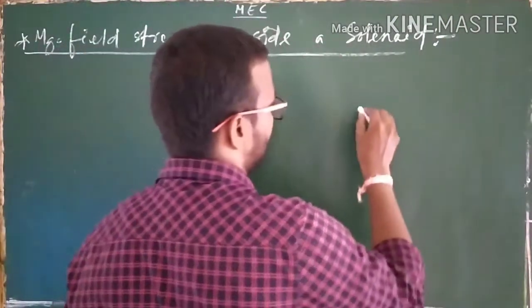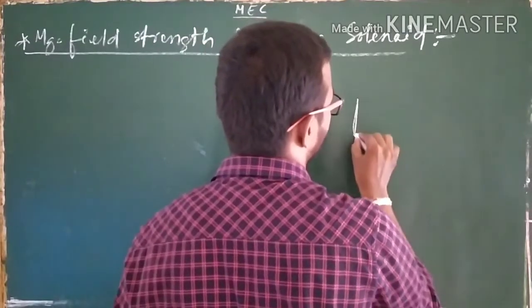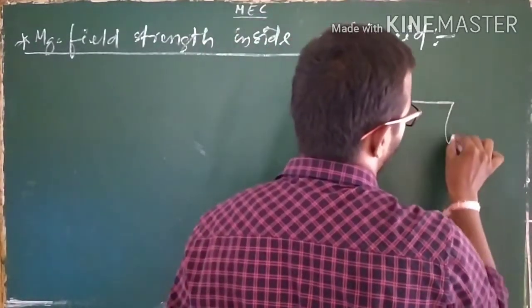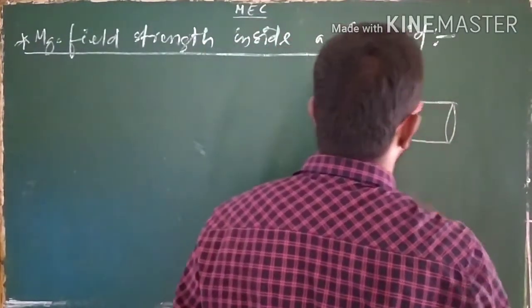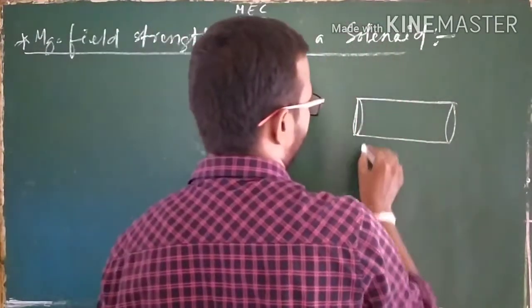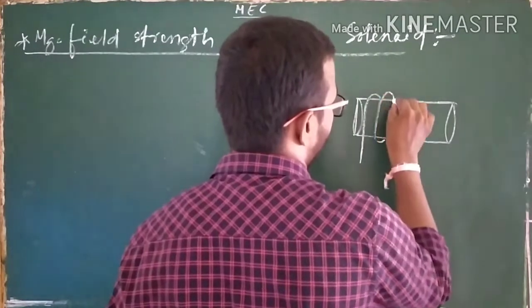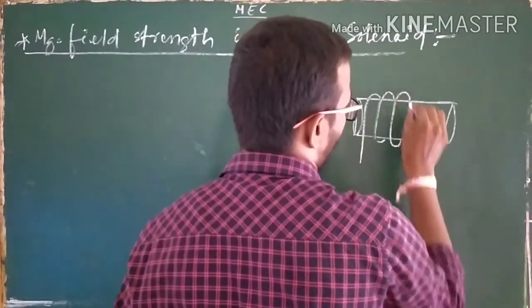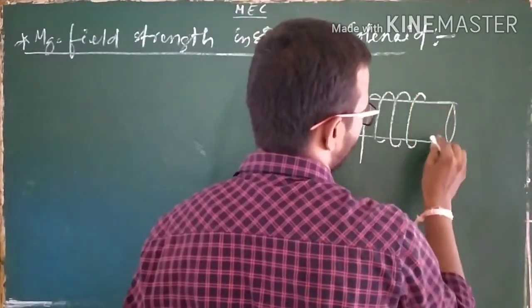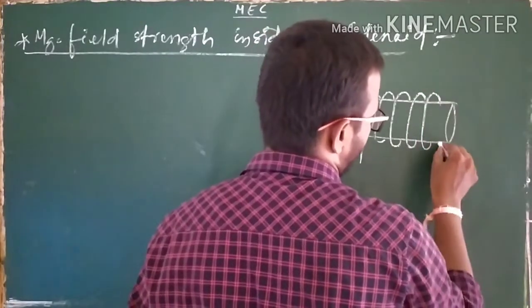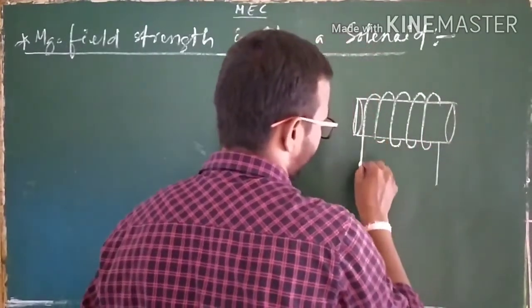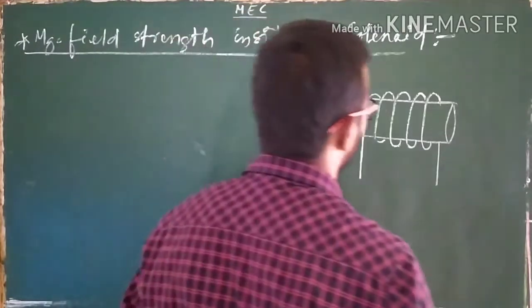Clear? So look at the diagram. This is a non-conductor, insulating material, and these are the number of turns wound over the insulating material. Clear?